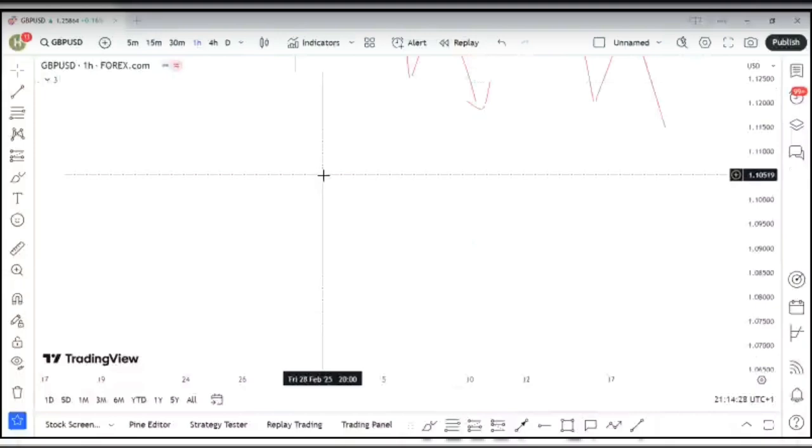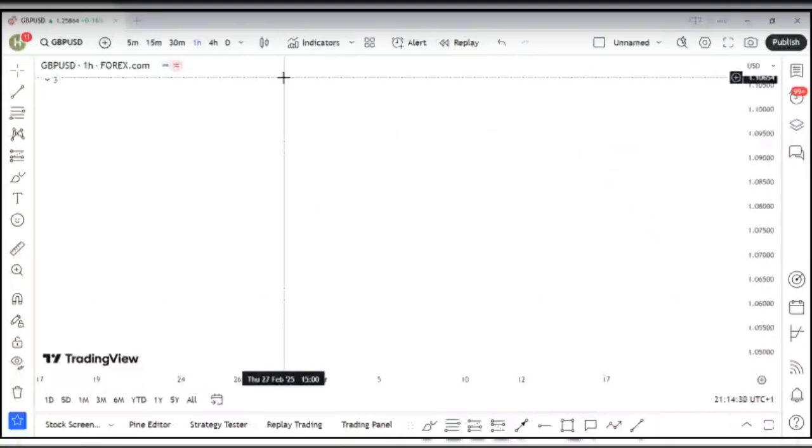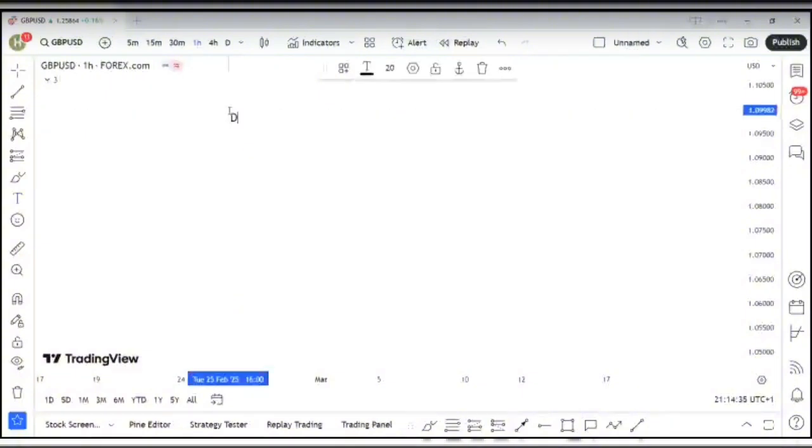Let me write: demand zone plus support level. These are the zones where there are buyers that are willing to push price higher, right?